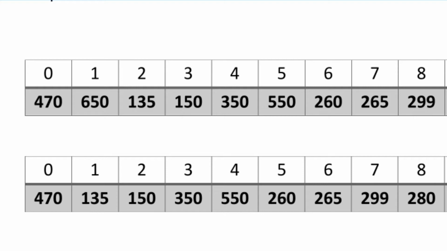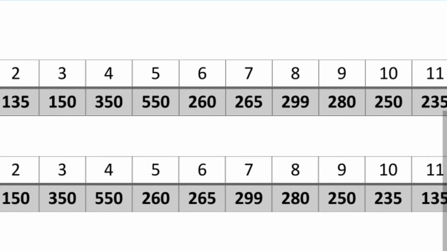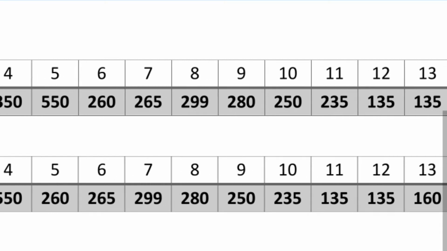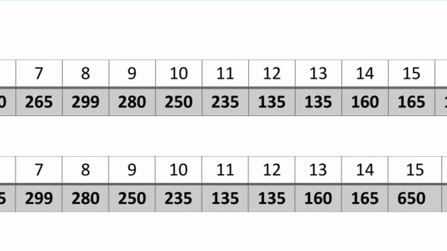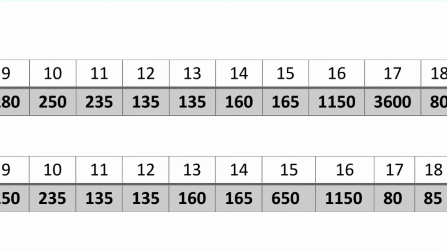So, 650 is greater than 135. Also, 650 is greater than 150, 350, 550, 260, 265, 299, 280, 250, 235, 135, 135, 160, 165. Then it ends up at index 15.